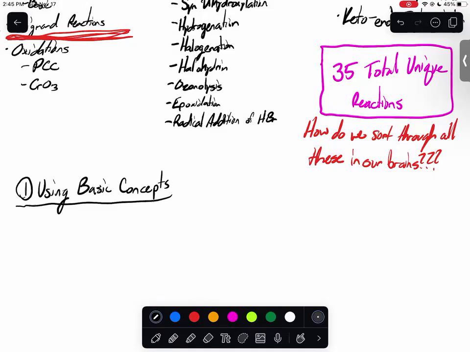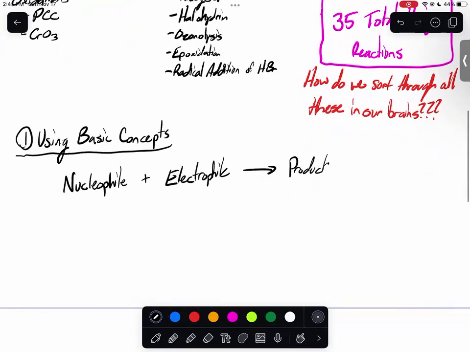Because the most basic thing that we see in organic chemistry is that we have some nucleophile that then comes in contact with some electrophile, and those together form a product. Right. And so essentially, if you're able to take this information and work with it like this, you're actually going to end up being pretty well off in terms of being able to figure out organic reactions.